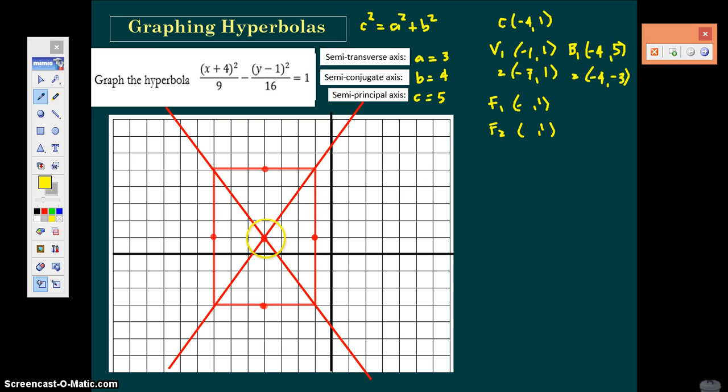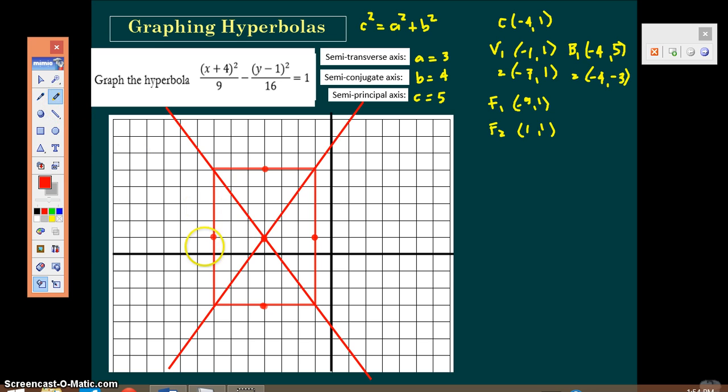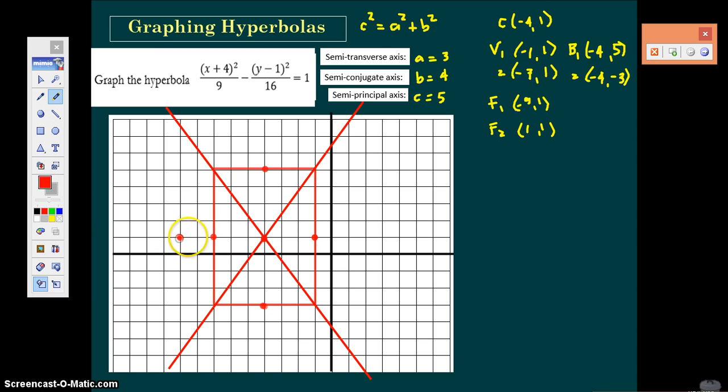This time 5 units left of the center: negative 4 minus 5 is negative 9. And 5 units to the right of the center: 1, 2, 3, 4, 5, that's 1, or simply negative 4 plus 5. So these would be focus 1 and focus 2.